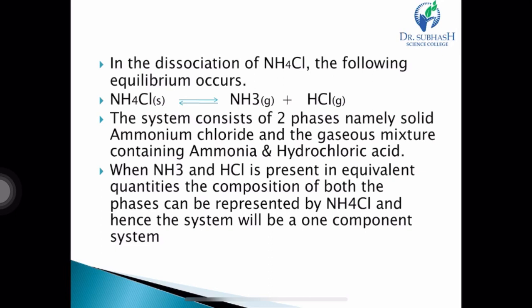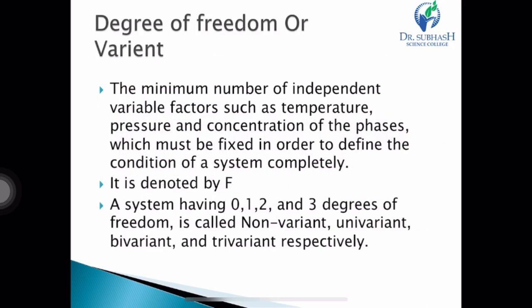So now you can also consider the partial pressures to be the same. So NH4Cl and NH3 are considered as a one component system, right? Moreover, what is degree of freedom? You can also call it degree of freedom or variance, right?